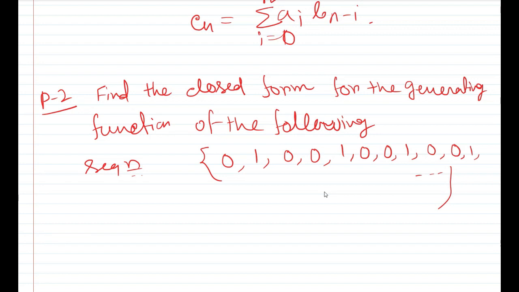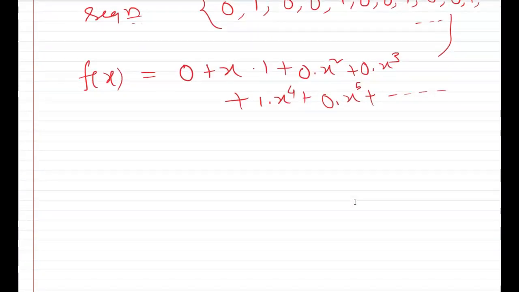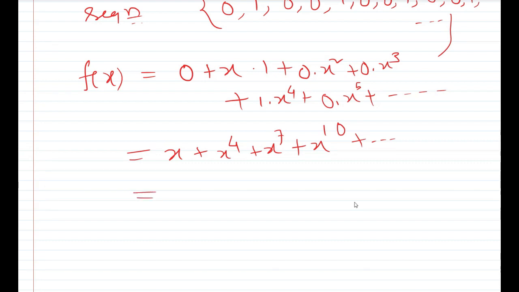So f(x) is equal to 0 plus x into 1 plus 0 into x square plus 0 into x cube plus 1 into x to the power 4 plus 0 into x to the power 5 and so on. So we have the terms x plus x to the power 4 plus x to the power 7 plus x to the power 10 and so on.